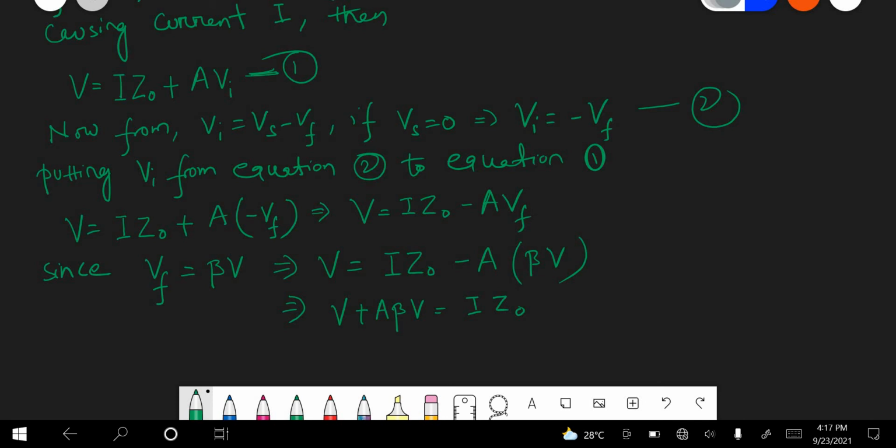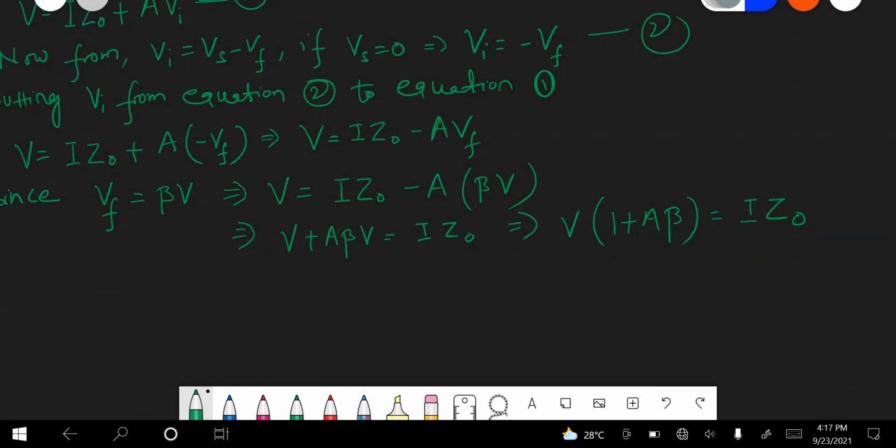So this gives V times 1 plus A beta is equal to I Z0. From here what you can get? V is equal to I Z0 divided by 1 plus A beta.